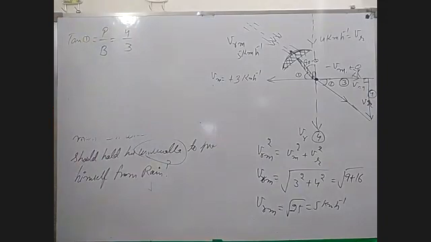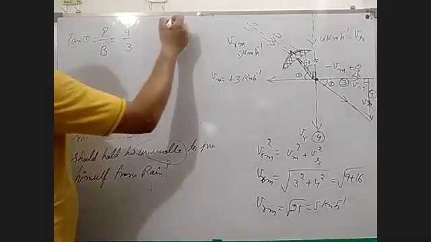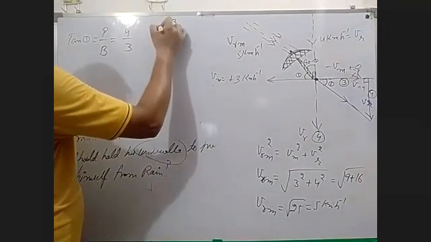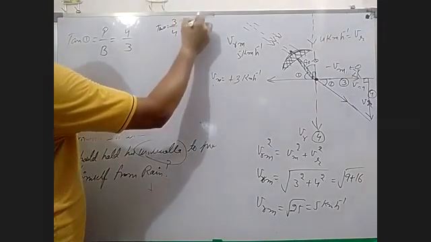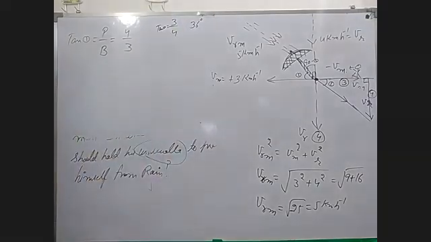What is the value of 4 by 3? Or, what is the value of 3 by 4? Tangent theta 3 by 4 gives 36 degrees 52 minutes.